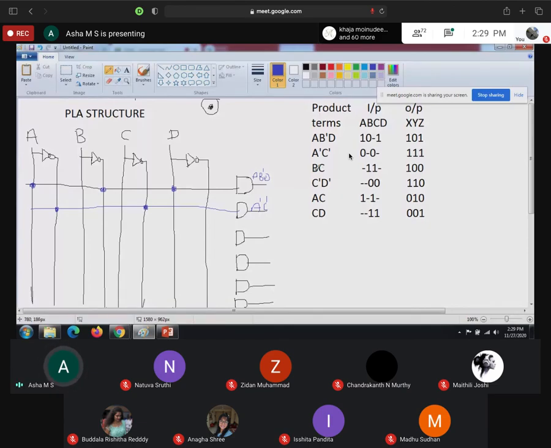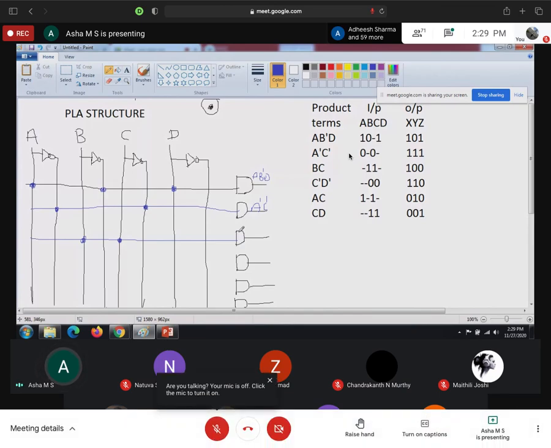What is the third product? The third product is BC. B is here, C is here. Take these two inputs and connect them to this AND gate. As a result you will get the product BC. Next product is C bar D bar. C bar is here, D bar is here.